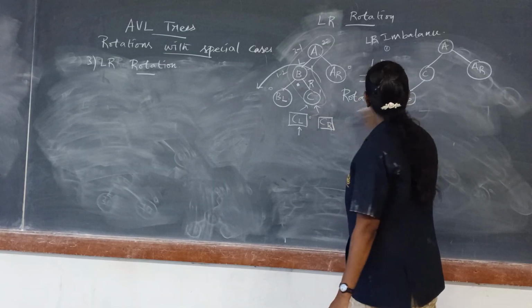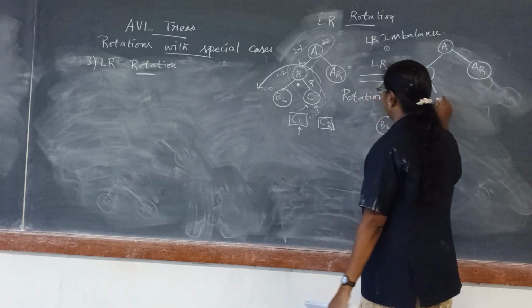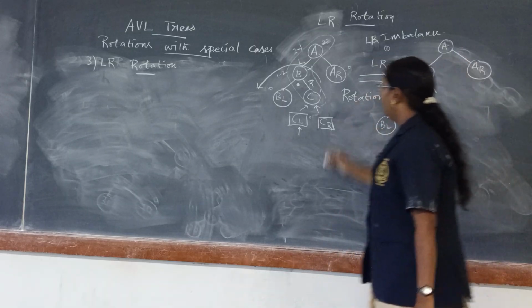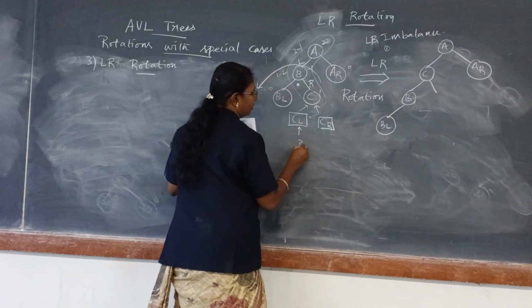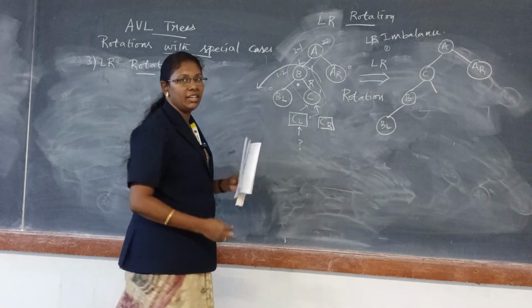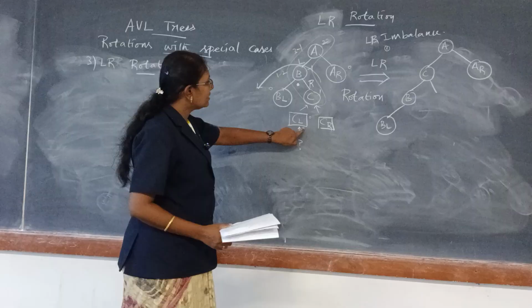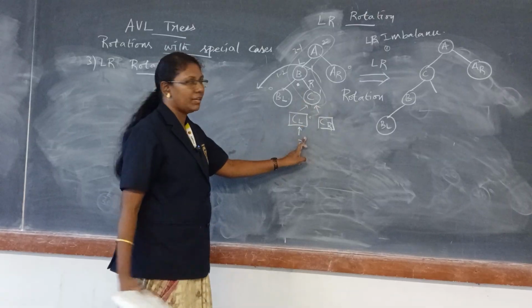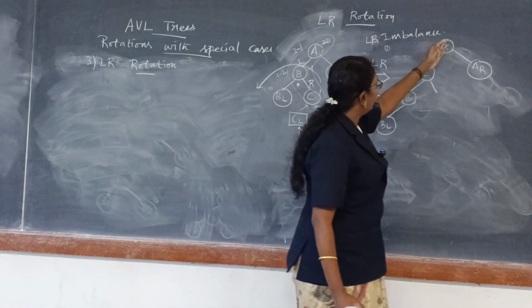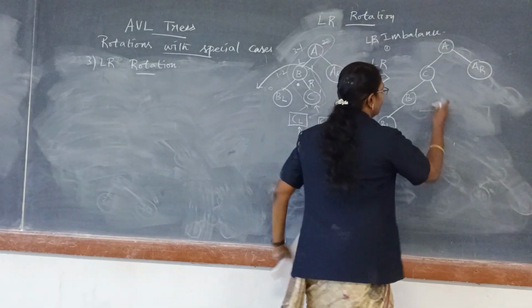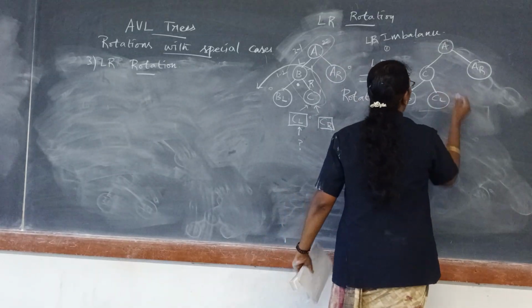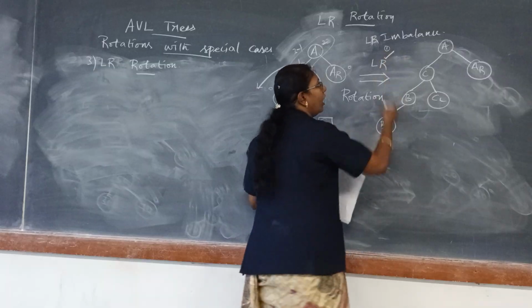And now this CL will come towards this point. CL is the left subtree, so it is still remaining at this point only. So this will come to this point. Now we have performed our rotation.